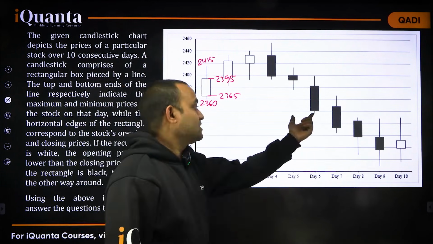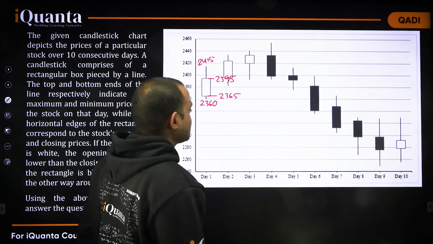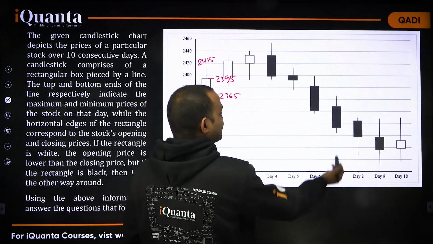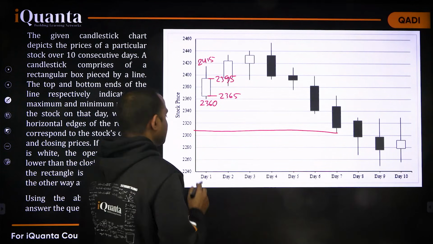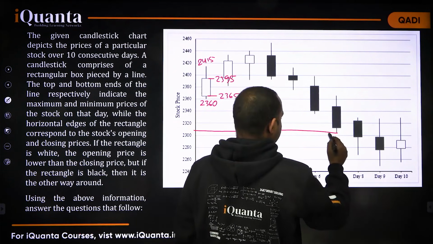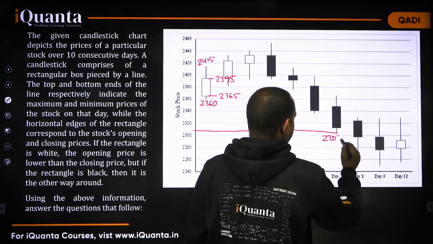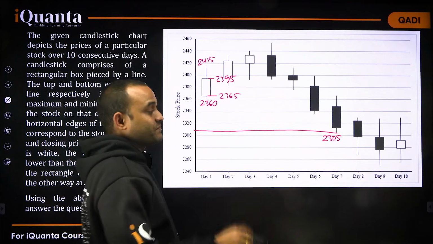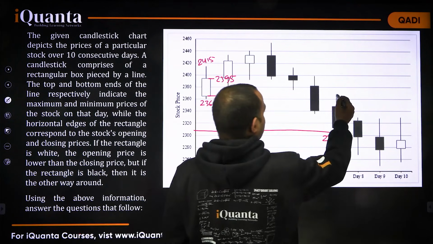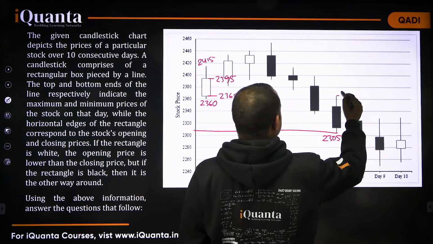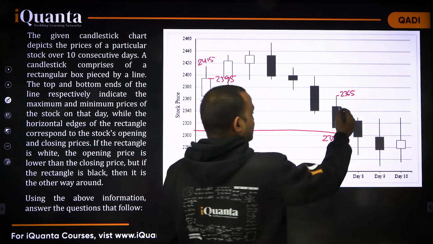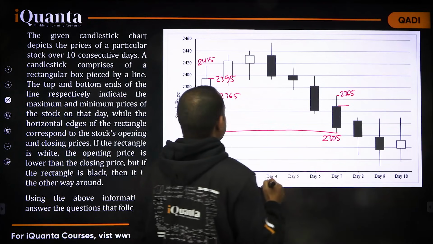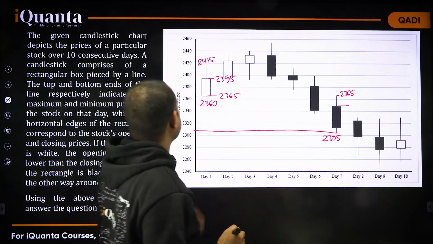Now let's talk about one of the black ones as well. In case of day 7, this value, as you can see, is 2305. This is the minimum price, and the highest price, this one, will be 2365. This will be the opening price, and that is between, and that is 2350.